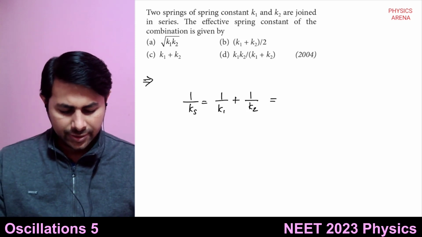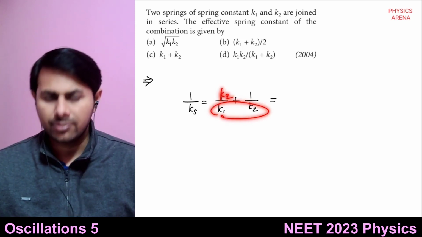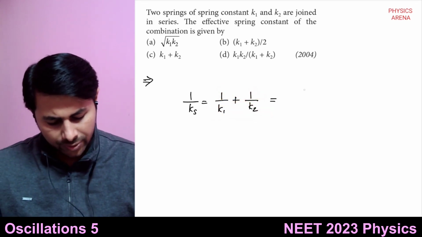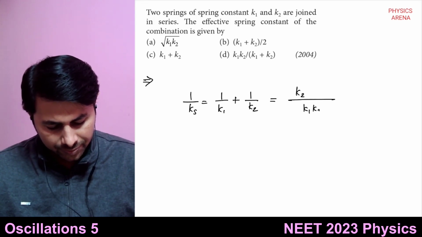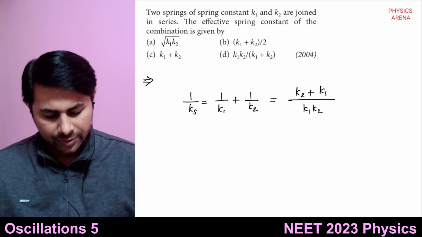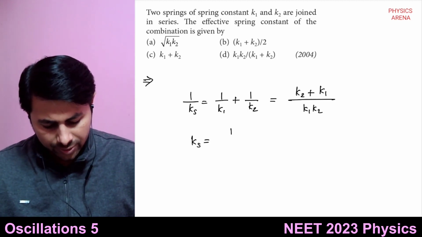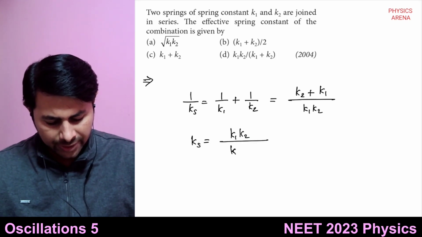If you make the denominators the same, you have to multiply this by K2 and this one by K1. So it is K2 plus K1 upon K1 K2, and then you take the reciprocal, so you get Ks equals K1 K2 upon K1 plus K2.